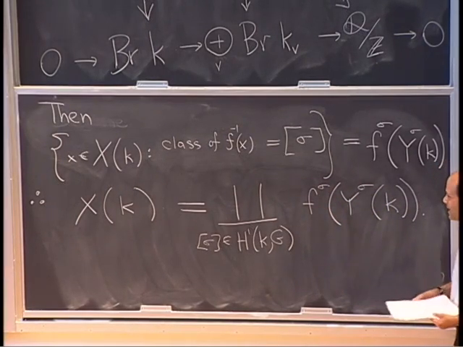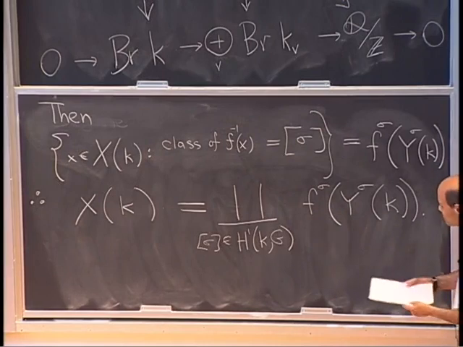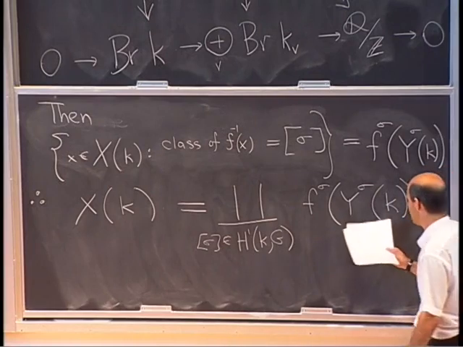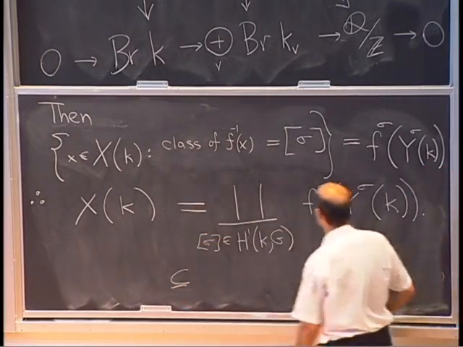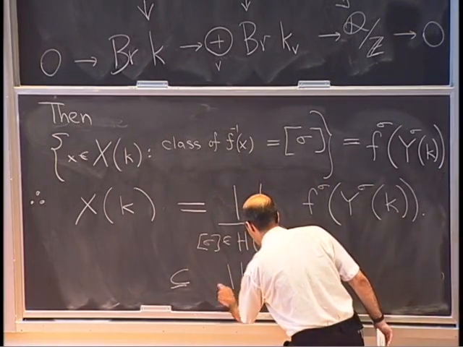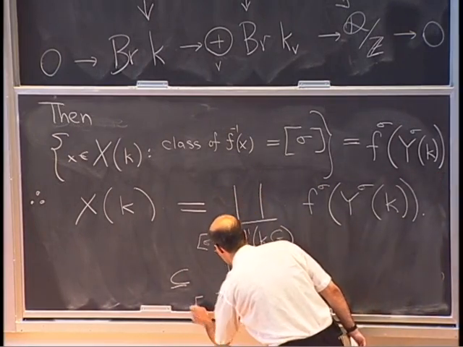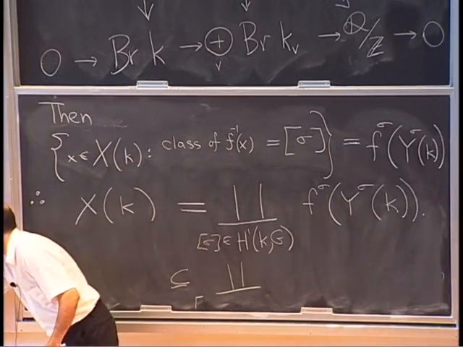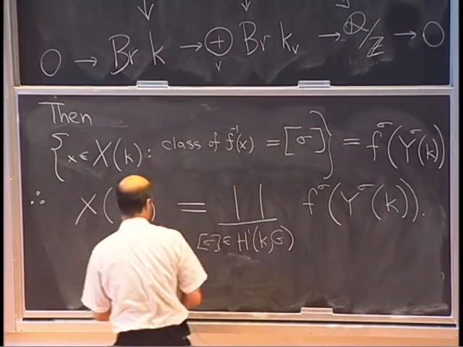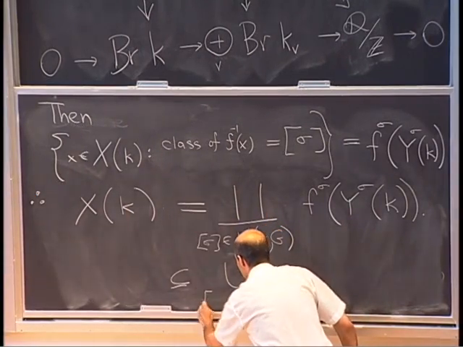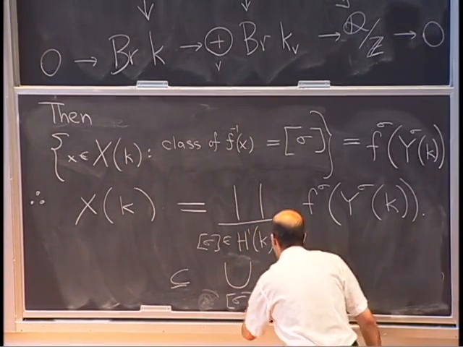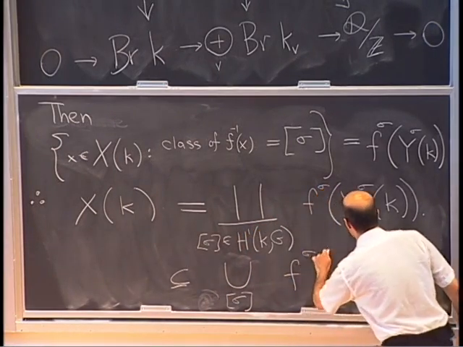So it might not seem that you're making much progress, but there are a couple of nice things that happen. First of all, most of these y sigmas turn out to have no adelic points at all. So trivially, I can say that this disjoint union is contained in the union over sigma of the same thing with adelic points.